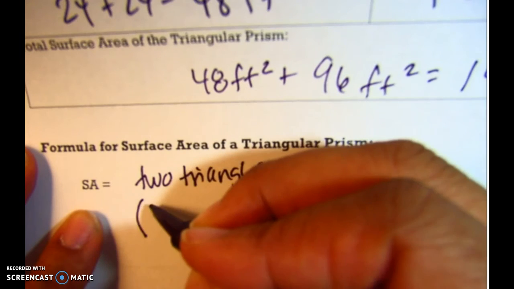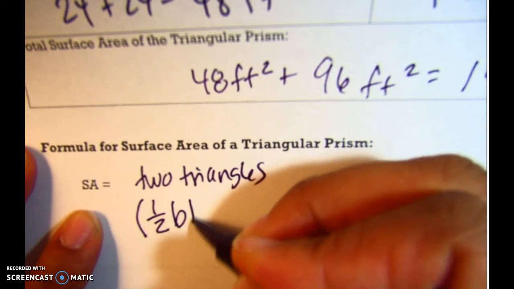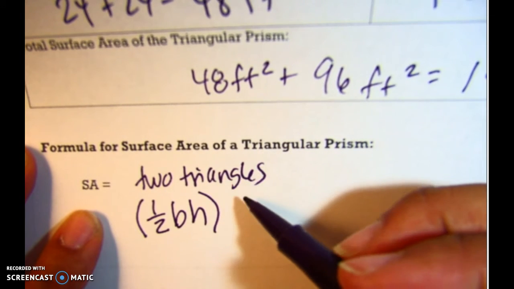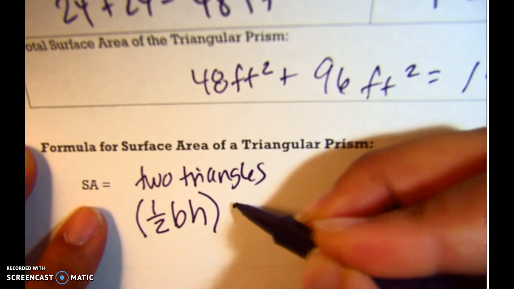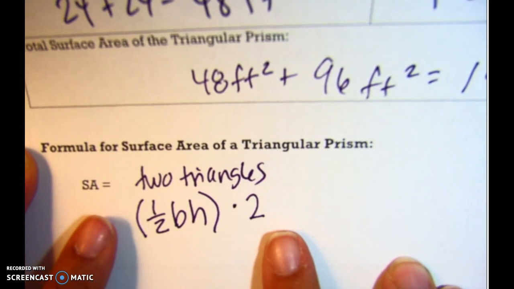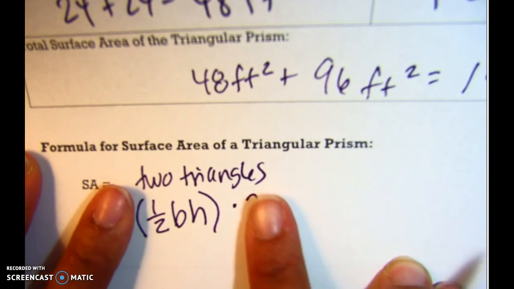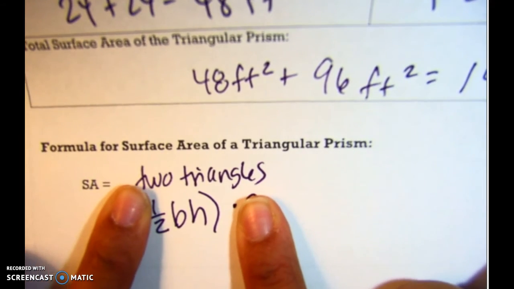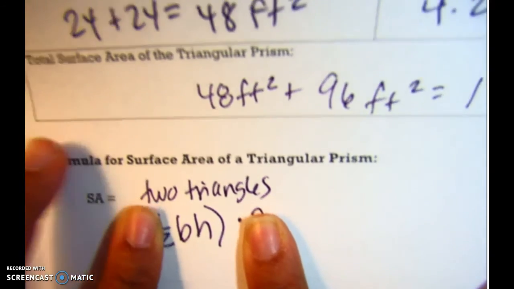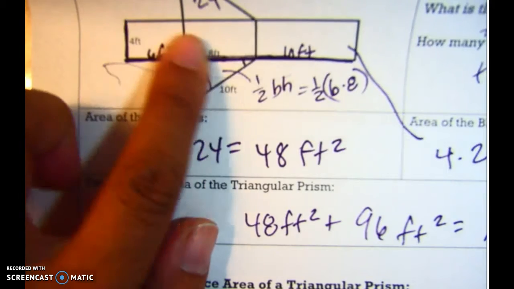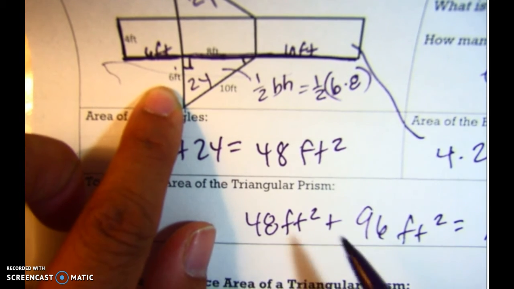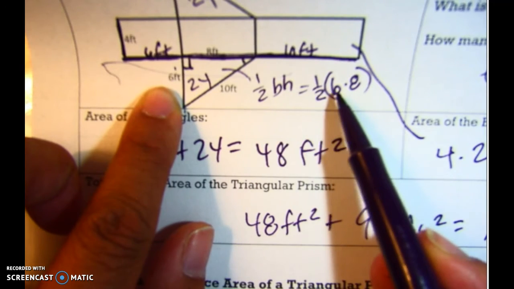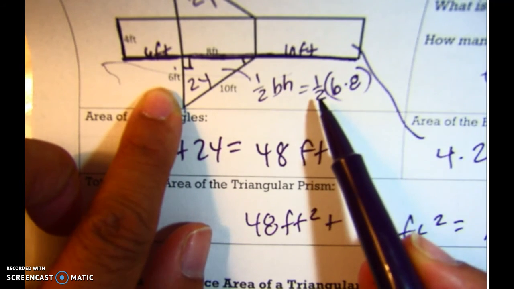for each triangle you're going to do half of base times height, but you have 2 of those, so you're going to be adding them together or multiplied times 2. But if I'm taking half of it and I'm multiplying it times 2, really for the 2 triangles it's just base times height. Like on this one, if I did 8 times 6, the formula for area of a triangle says do base times height and divide by 2. 8 times 6 is 48, divided by 2 is 24.